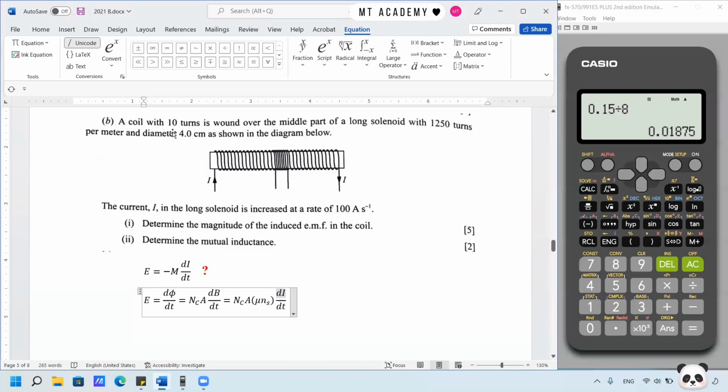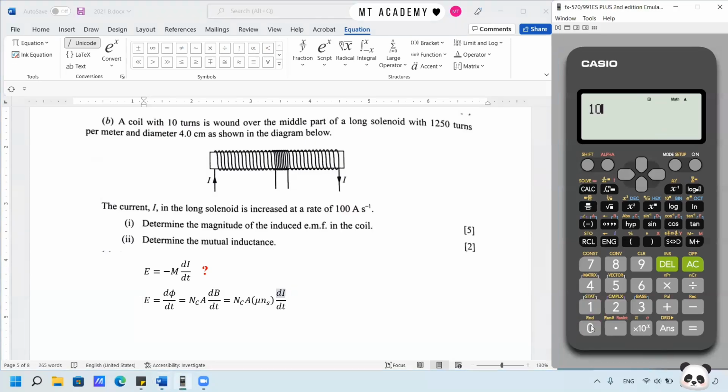The number of turns of the coil is 10 turns, multiplied by the area. Area is equal to πd²/4, so you should convert the diameter to meters.